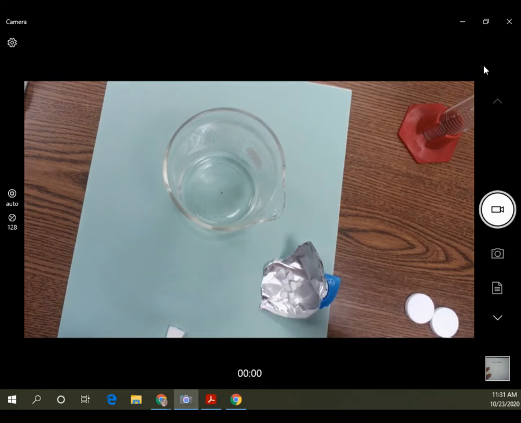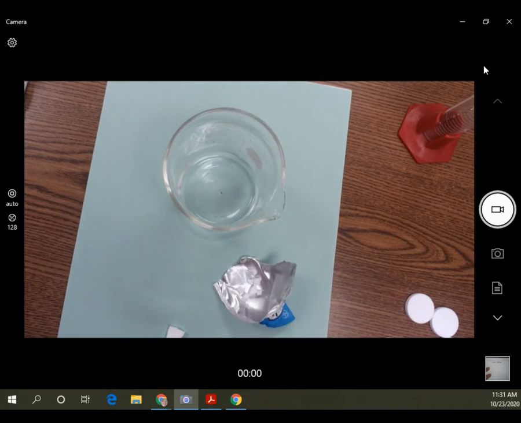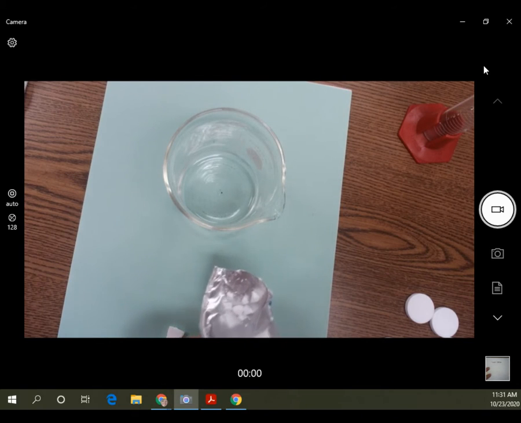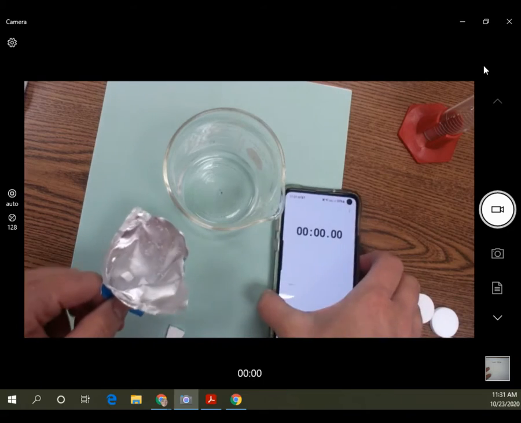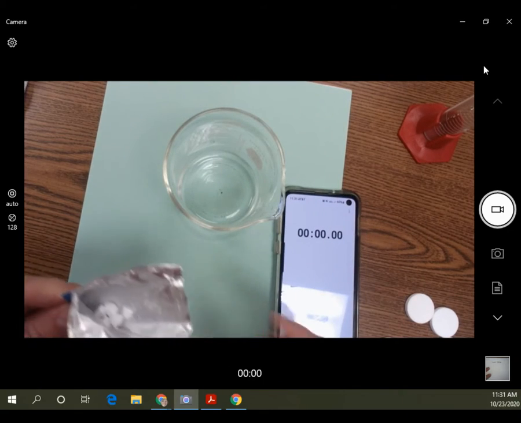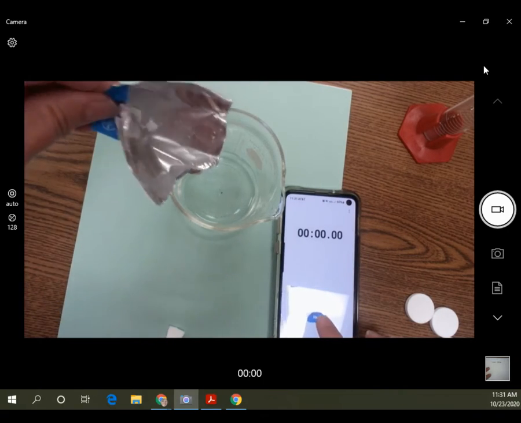Okay, that looks pretty good, broke up into pieces. We'll get our stopwatch started. Okay, and let's say ready, set, go.